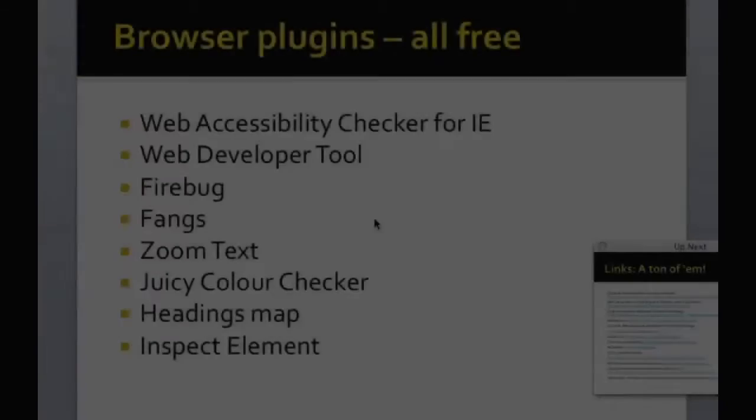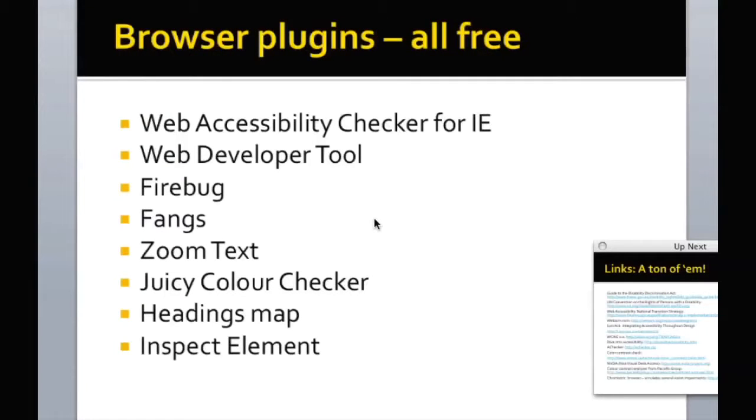And there's lots of freebies. Out of probably about 70 accessibility tools that I've used in the past couple of years, I've paid for one. There's lots and lots of free ones to use. Someone, maybe even here, is giving a talk about Firebug later. It's a really handy one. Web Developer Toolbar is fabulous.